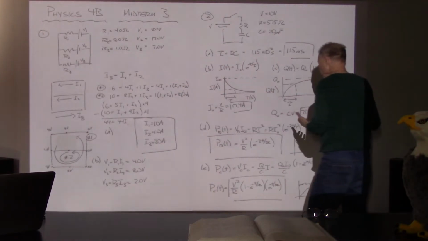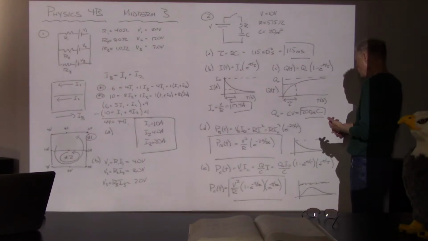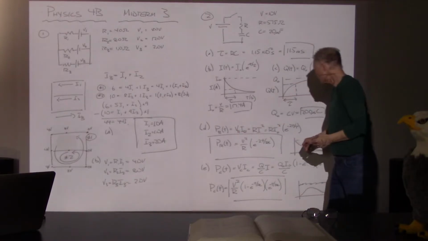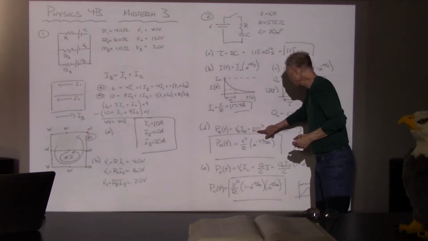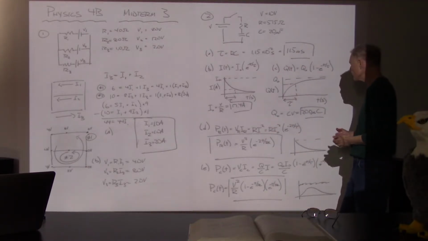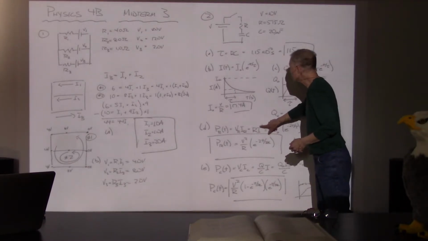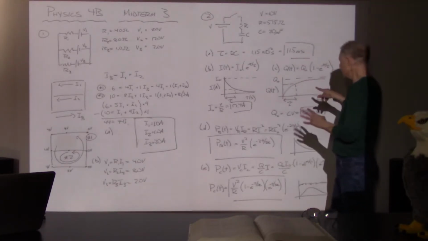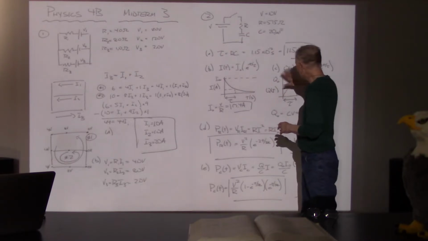Now I chose to take the voltage in the resistor and write that as R times I. So I ended up with R times I squared. Now the I's are time dependent. So that's why I did that, because I didn't do the voltage graphs.